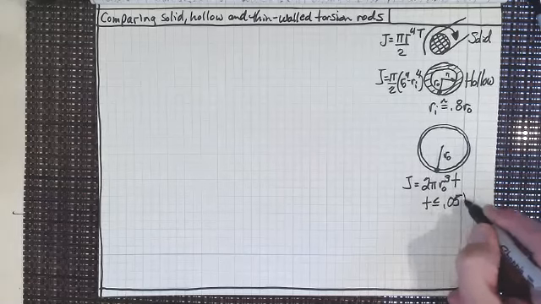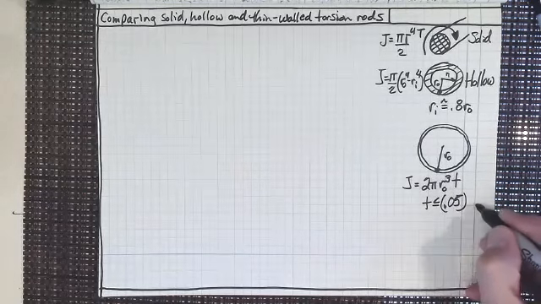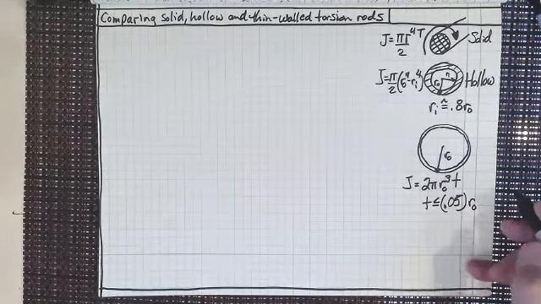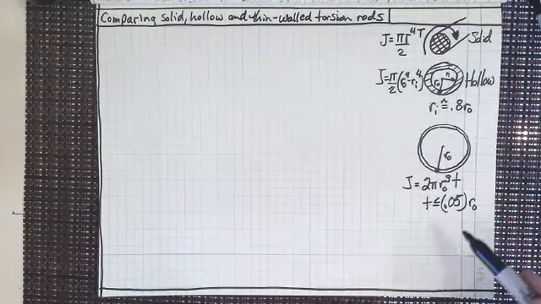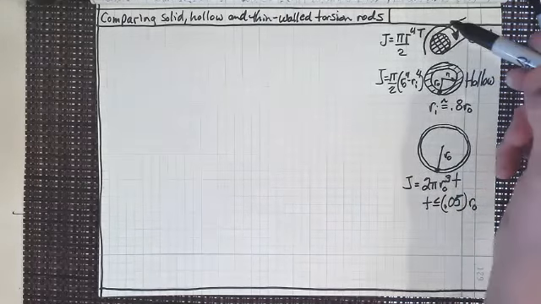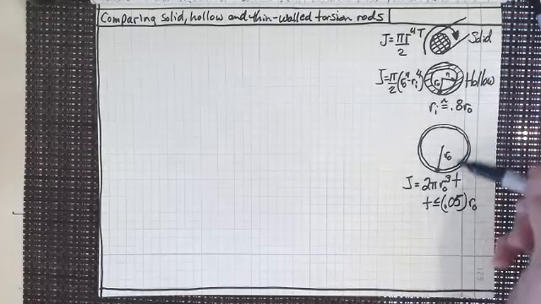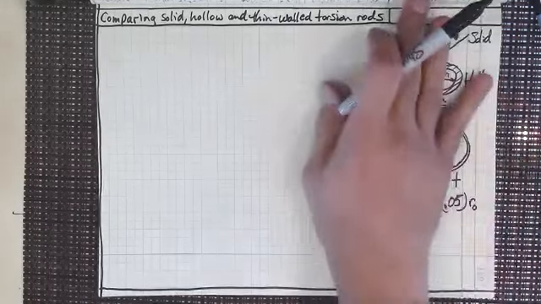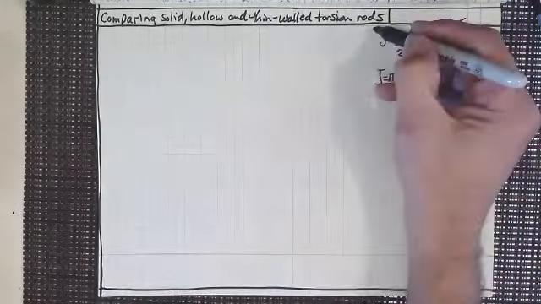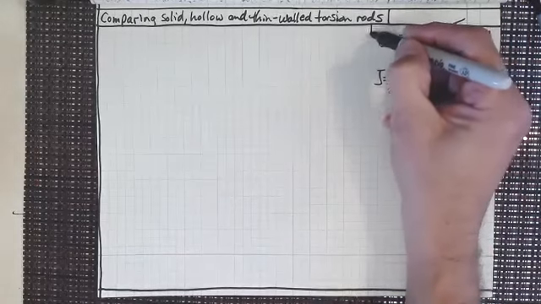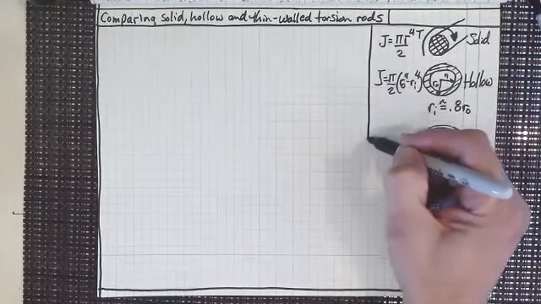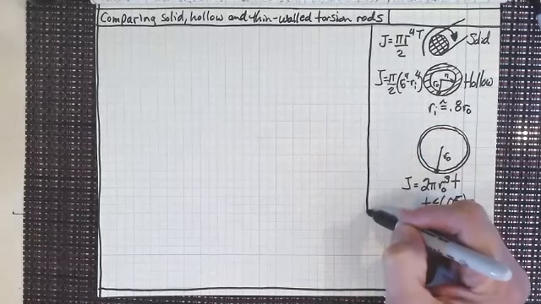5% of the outer radius, right? So those are the relationships that I'm going to be using when I do an analysis between the various different torsion rod cross sections that we can have.